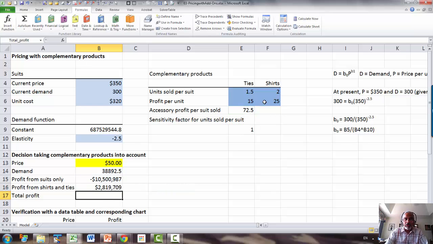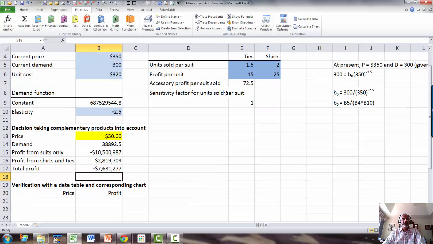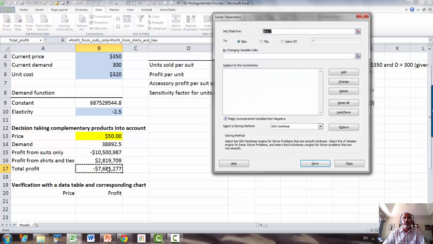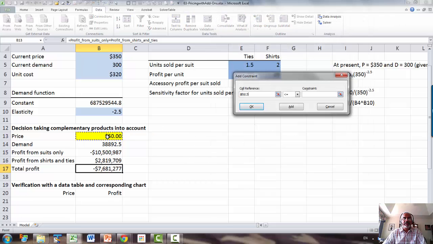So total profit then is profit from suits only and then profit from shirts and ties. So that will give us the total profit. Now total profit, okay, let's run solver. So we want to maximize total profit and price. Here we will go ahead and add the constraint that the suit must be sold at least at cost, no less than at cost.